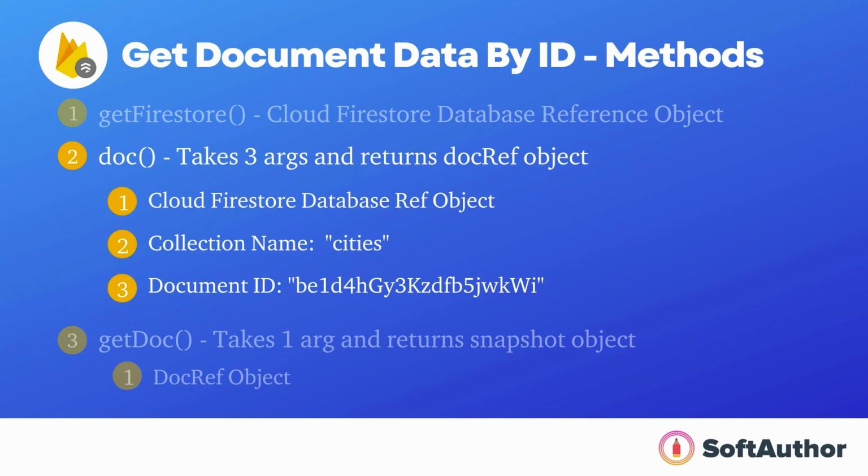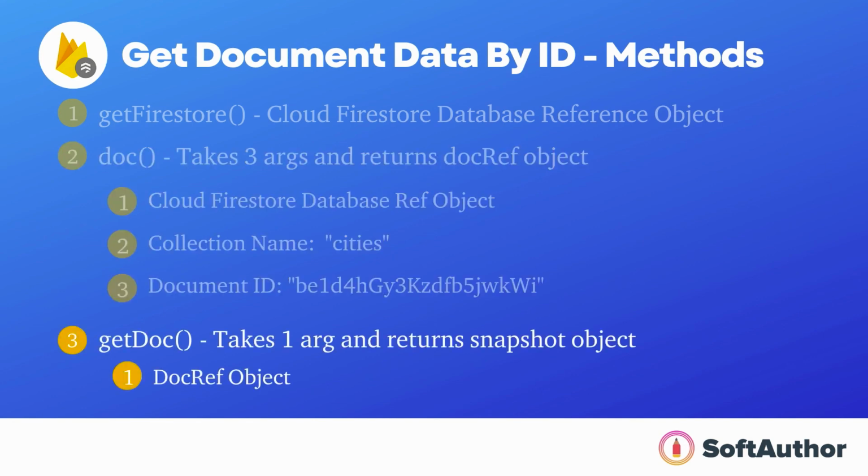The third argument will be a document ID that I want to get the data of. The doc method also will return a document reference object. Finally, the third method is going to be getDoc. This method will take a single argument, which is a document reference object, and it will return a snapshot object that will have the actual data that I'm looking for.